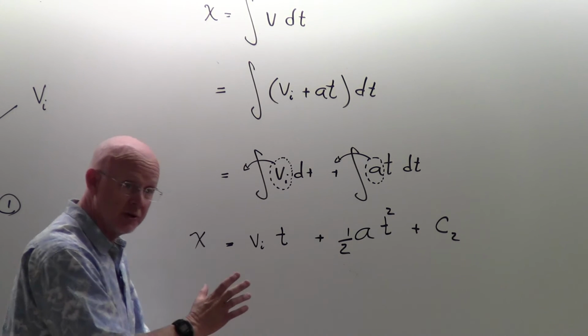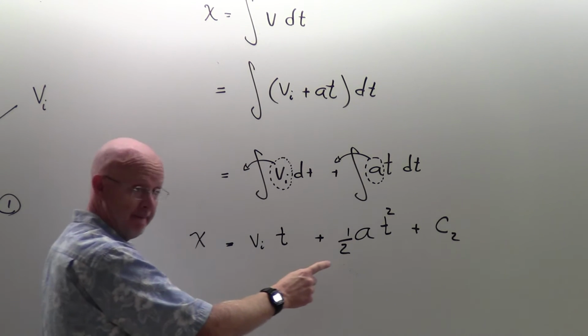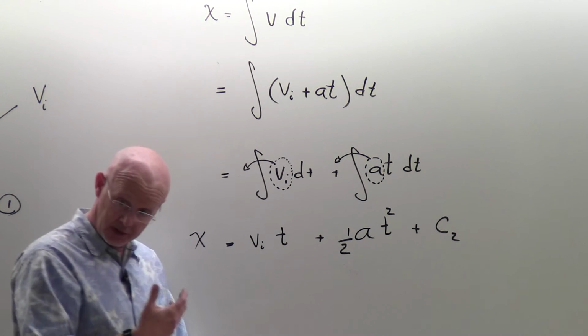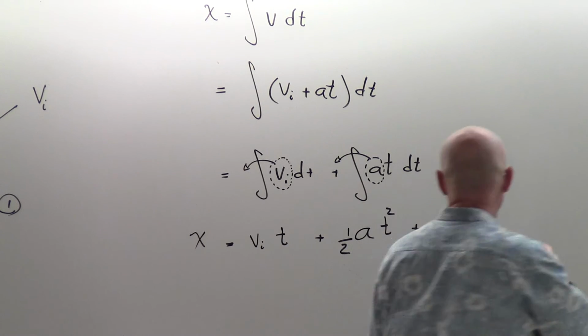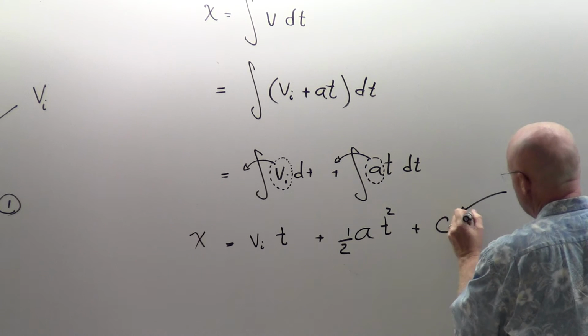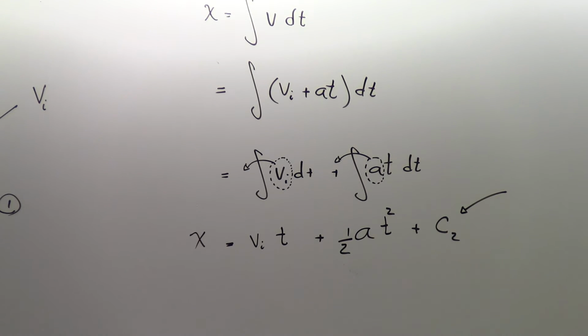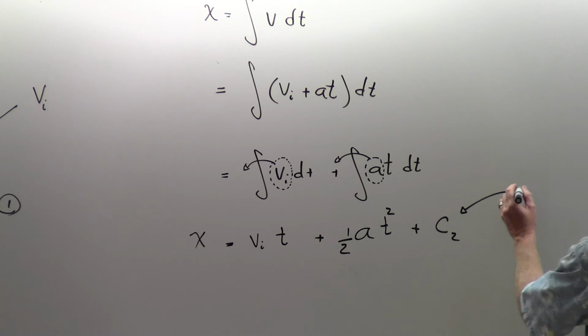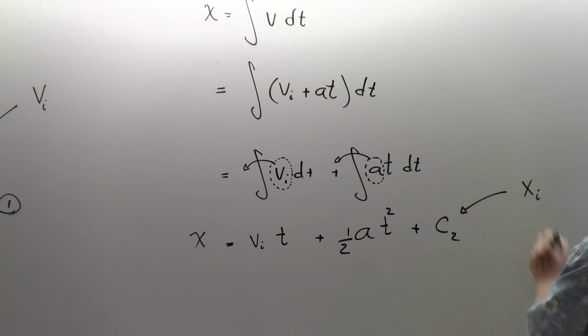So at time equals 0, x would be C2. So knowing that, why don't I give some kind of symbolism to that C2? Instead of just saying it's some constant, let's give it a physical meaning. And I think you're seeing that it would be the position when time equals 0. Let's call it x sub i, the i for initial. This would be that initial position.